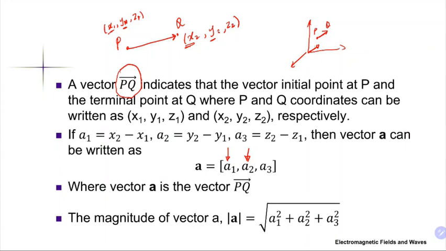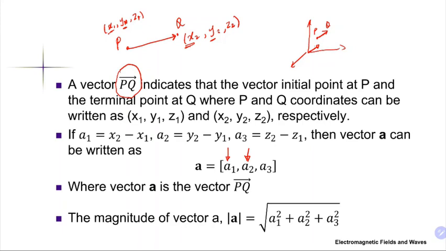Okay, so it is the same vector because it has the same magnitude and points in the same direction. Although they originated from different points, my PQ vector originated from P and this vector originated from the origin, they have the same magnitude pointing in the same direction, so they are the same vector.